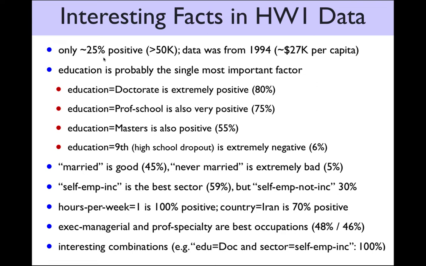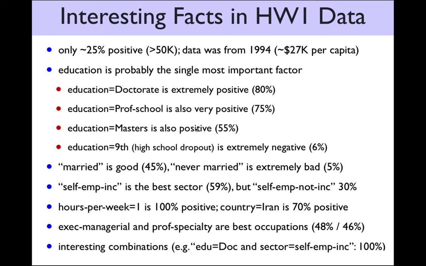the third field, that is education, is by far the single most important indicator, right? So if education is doctorate, it's almost a certain, not exactly 100%, but like 80% of the people who have a doctorate degree are earning more than 50K. Professional school is also very positive.